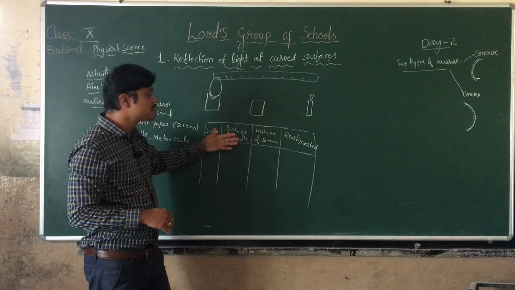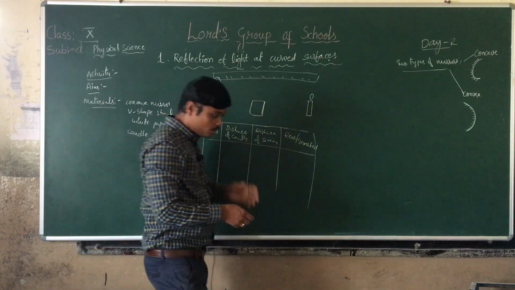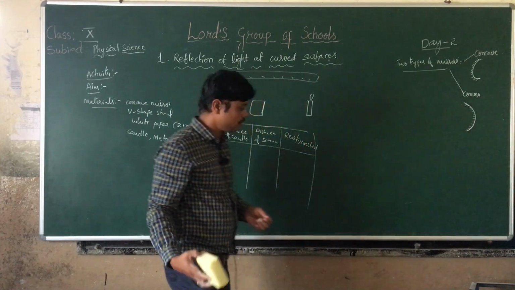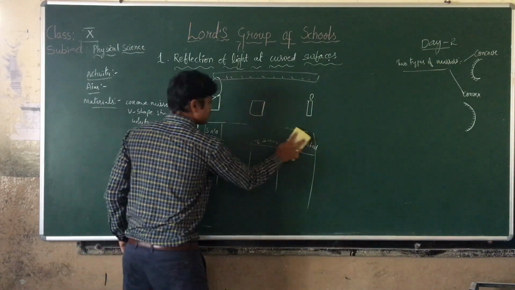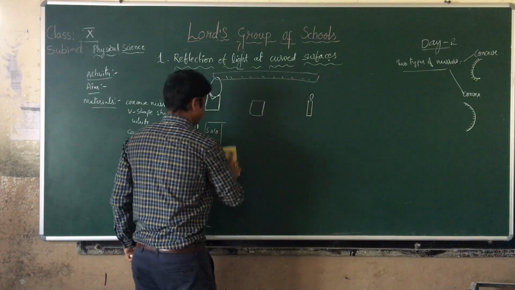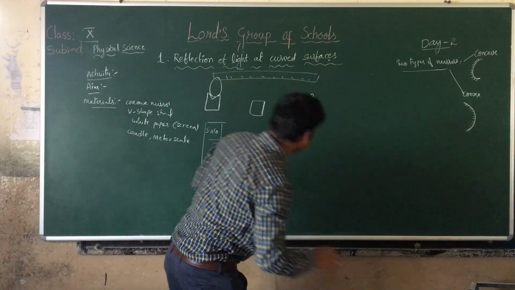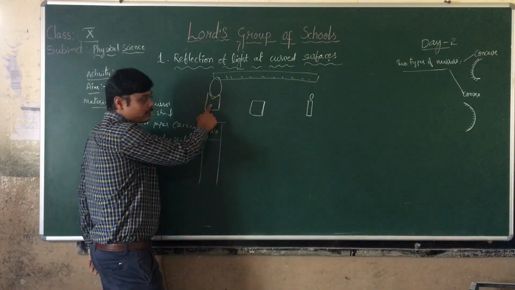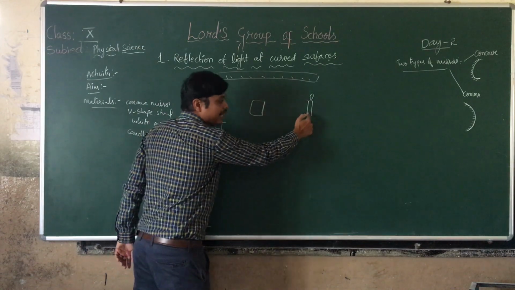So you can modify this table to make our observations. What is this here? This is a concave mirror. What is the object here? The object is a candle.